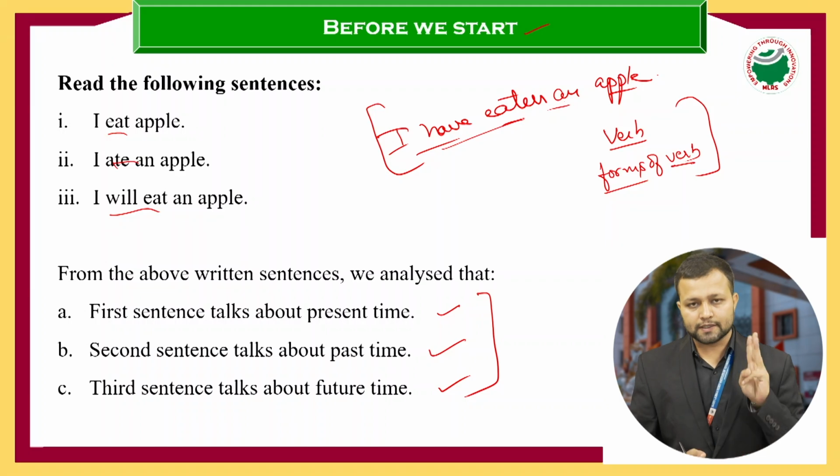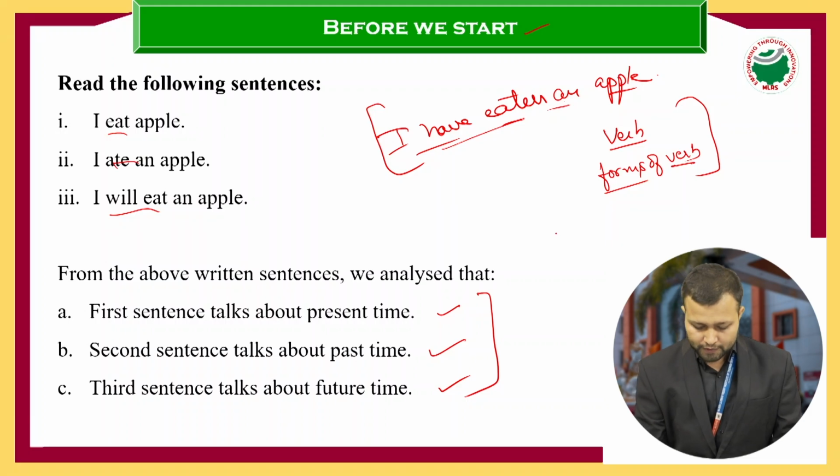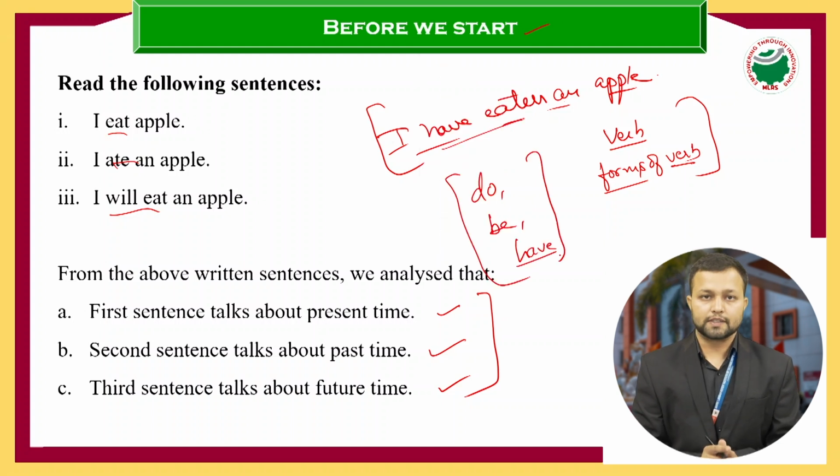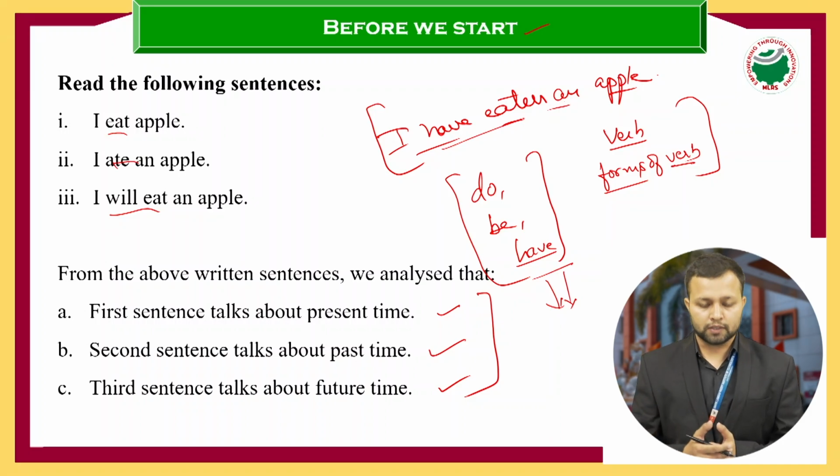That means it tells three things: action, state of being, or possession. And these three things are expressed by three words: do, be, have. Keep in mind these three words. We will discuss them later in our session.